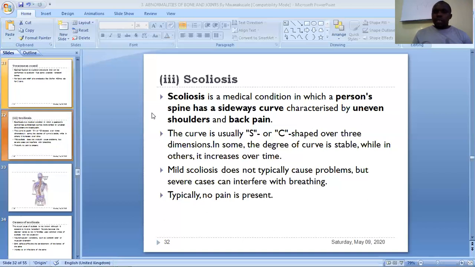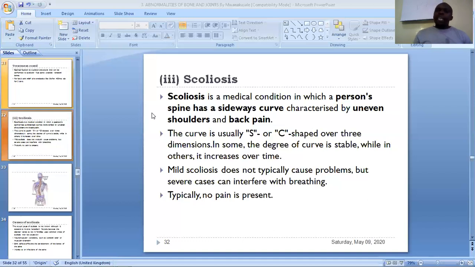So, having stated our objectives, what is scoliosis? Scoliosis is a medical condition in which a person's spine has a sideways curve. Usually this condition is characterized by uneven shoulders and back pain.